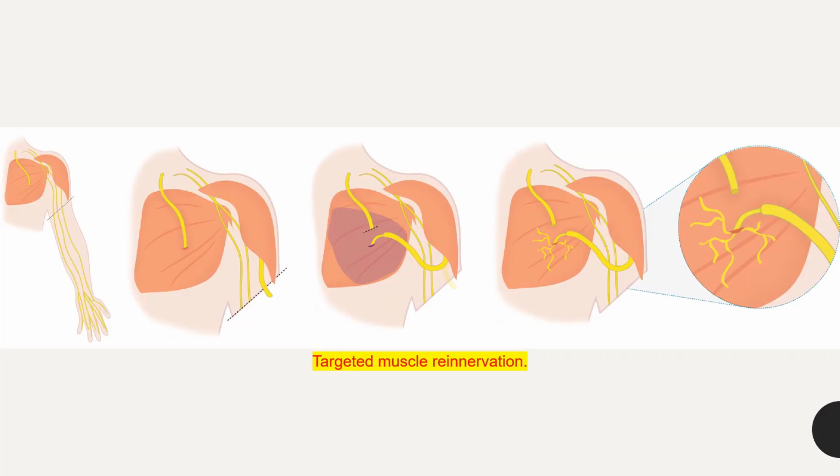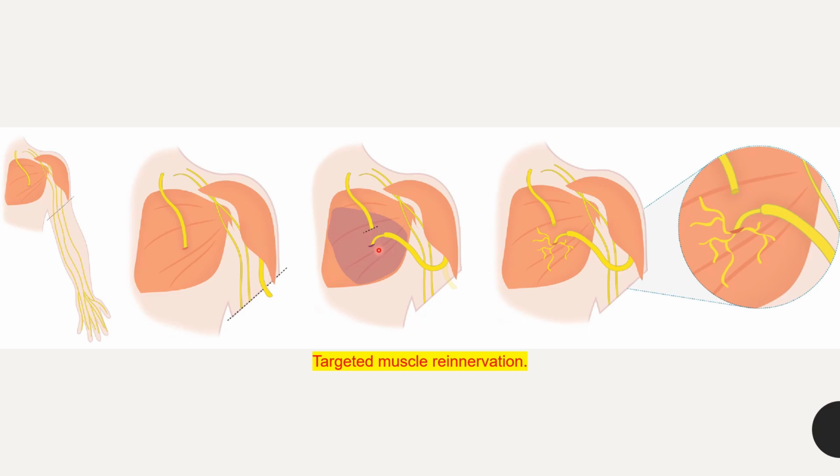For major limb amputation, these are the various surgical techniques. One of the popular techniques is targeted muscle re-innervation, which is to take the major nerve from the amputated part and suture it to the end of a neurotomized motor nerve to the stump.